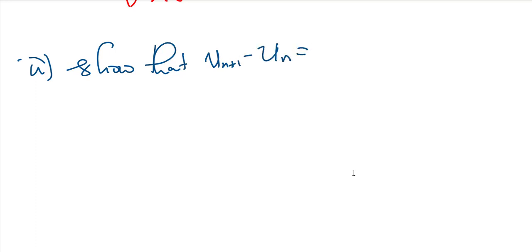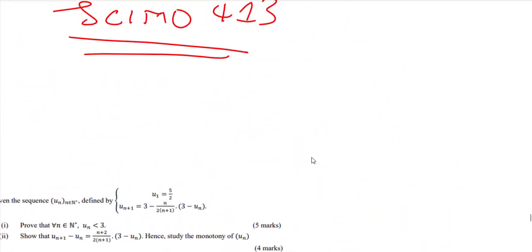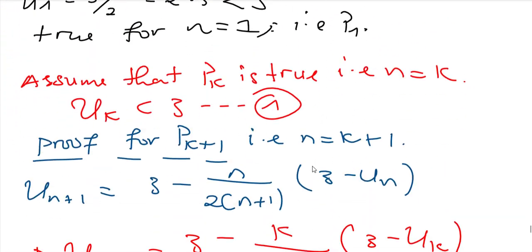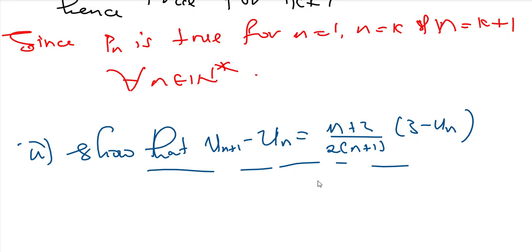So Roman 2, we want to show that u_{n+1} minus u_n is equal to (n plus 2) divided by 2(n plus 1), times (3 minus u_n). Okay, so I want to show this proof.